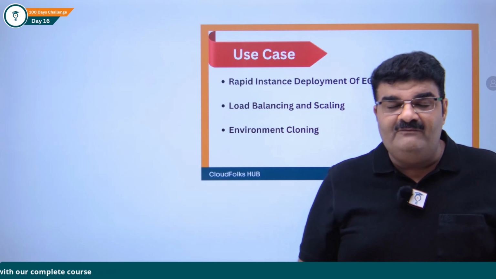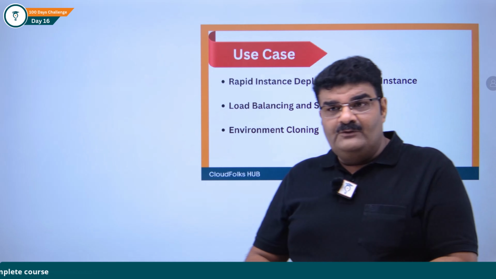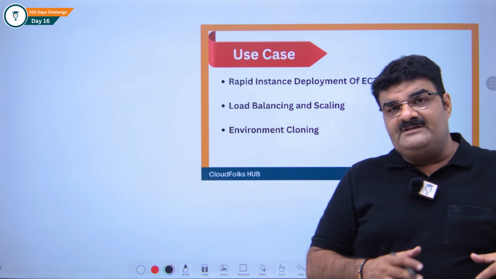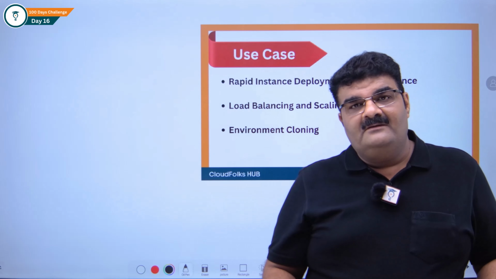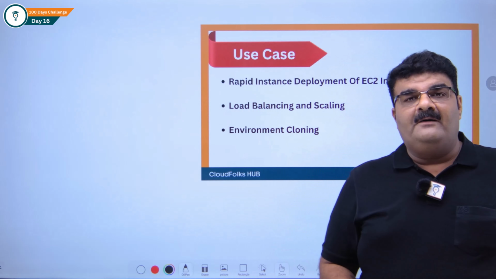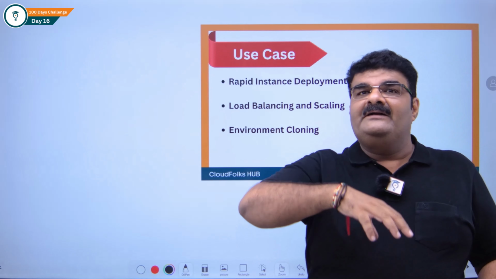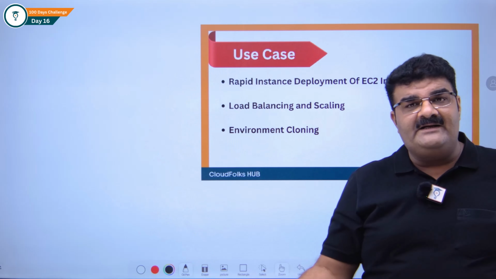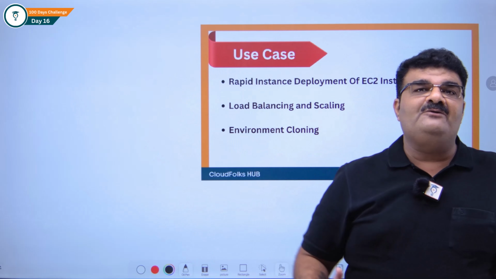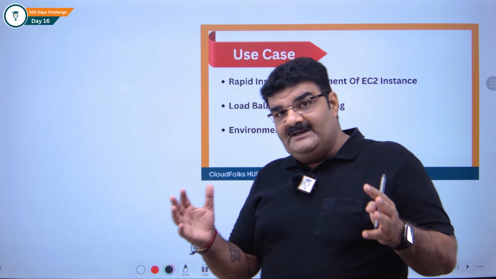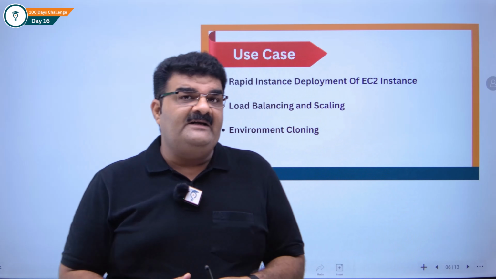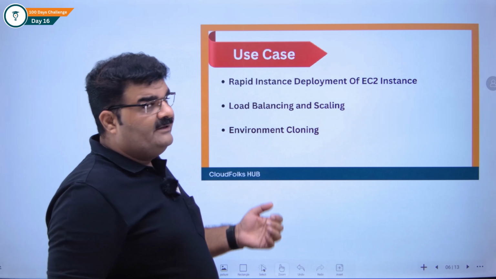It is a manual way. But what you can do, if you have 10 to 20 EC2 instances in this predefined environment, you can create an AMI and then deploy the same new identical environment from this AMI. So you can create multiple instances with identical configuration using AMI.